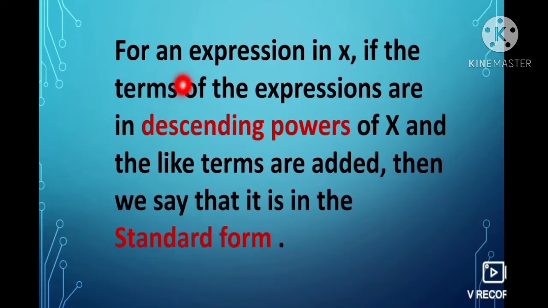Second note, for an expression in x, if the terms of the expression are in descending powers of x, that is from larger to smaller, for example x power 4, x power 3, x power 2, x, with algebraic operations, and the like terms are added, then we say that it is in the standard form.